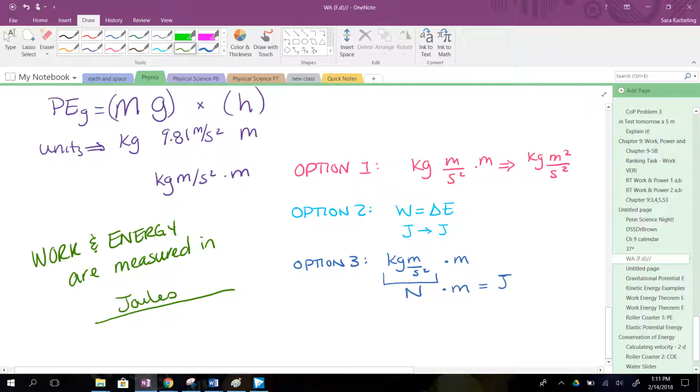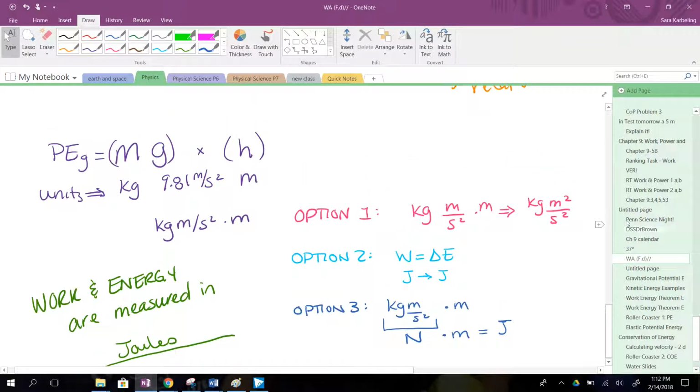But if you would prefer to write Newton meters, you are welcome to. If you would like to write kilogram meter squared per second squared, you can. That's not wrong. If you would like to write kilogram meter per second squared times meters, you can. That's not wrong either. I'm going to write down joules because that seems easiest. Okay. All right. Are we okay?